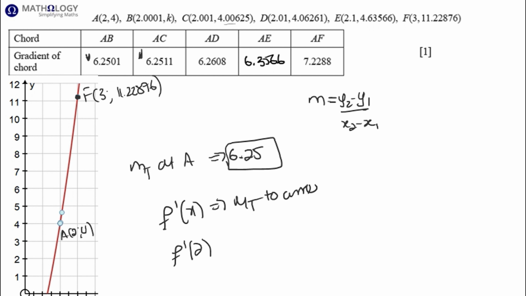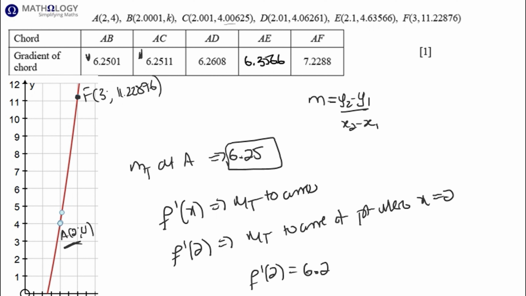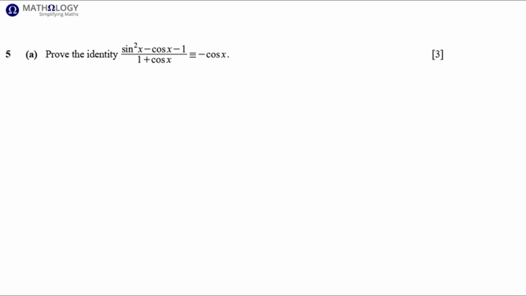F prime 2 is the gradient of a tangent to a curve at the point where x equals 2. So where x equals 2, we have the point A. So we are talking about the gradient of a tangent to the curve at the point A. So f prime 2 would therefore equal 6.25.